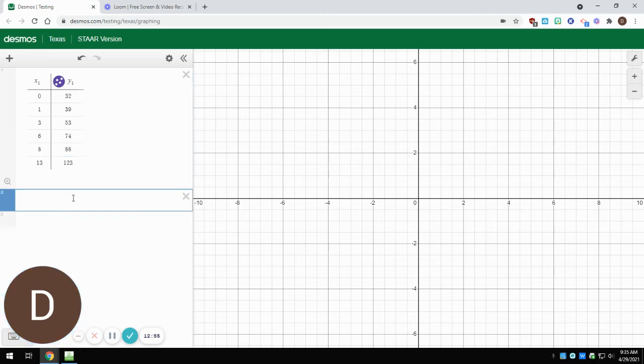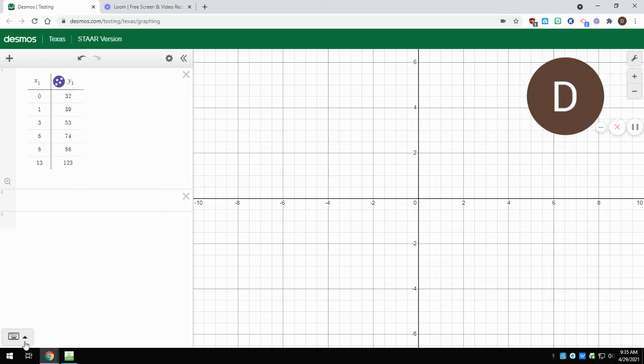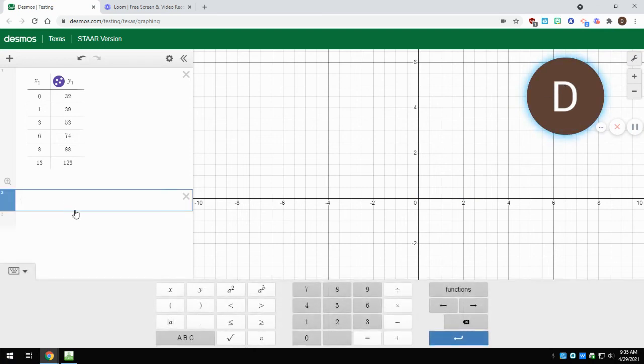Okay. So when you come down to your next line, whenever you are trying to use the worm technique to get it to create the equation for you, we need to tell Desmos what to do with these data points. So we use Y, but this is the tricky part to remember. You need to say Y1.